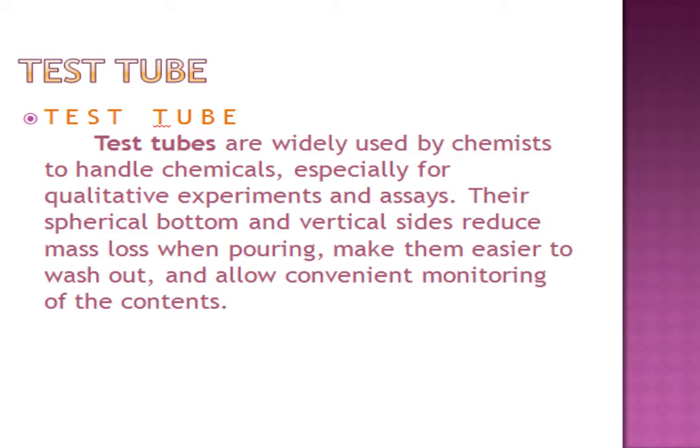So, test tubes are used by chemists in laboratories. They are used to test the chemicals. It has a few other names like sample tubes or culture tubes. Test tubes are made of glass or borosilicate glass, which most of the apparatus is made of.